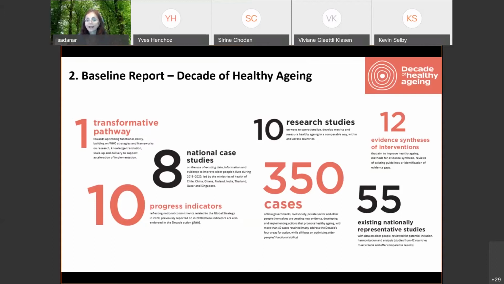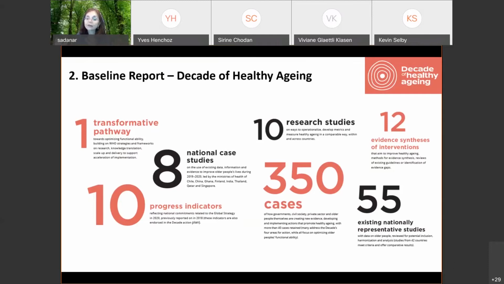And I really encourage you to read the full report to see these, because we use these 40 examples to illustrate this transformative pathway. Finally, we were able to identify 55 nationally representative studies of older adults age 60 and over, so that we could measure healthy aging based on those questions that I showed you earlier.